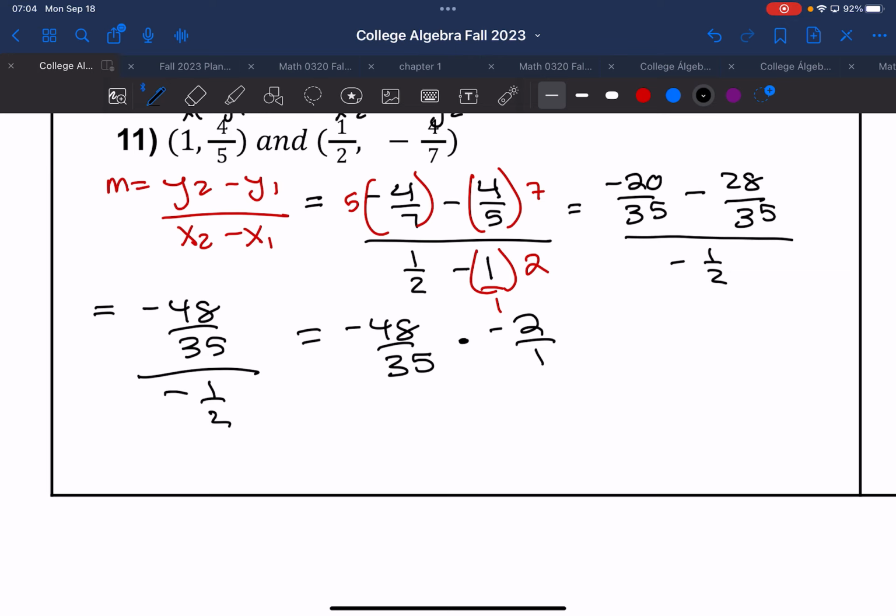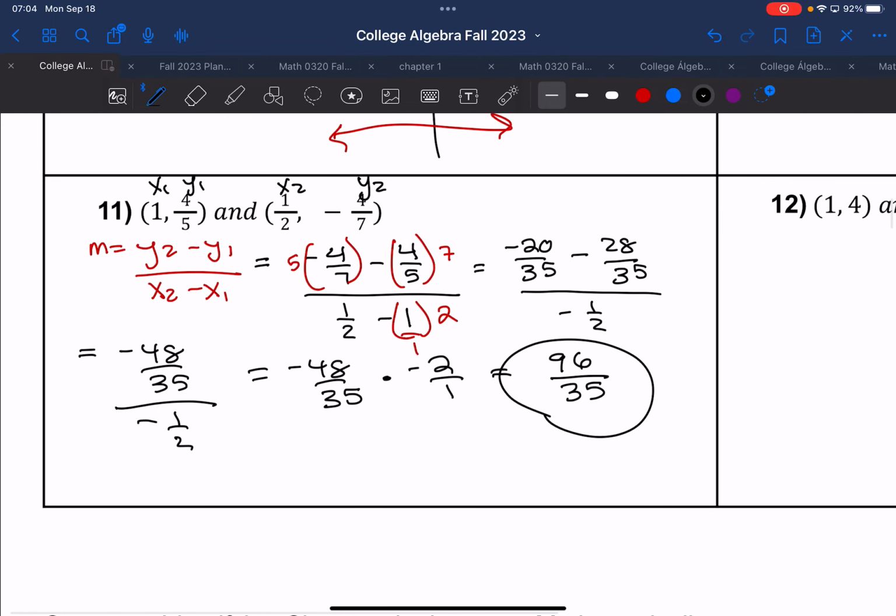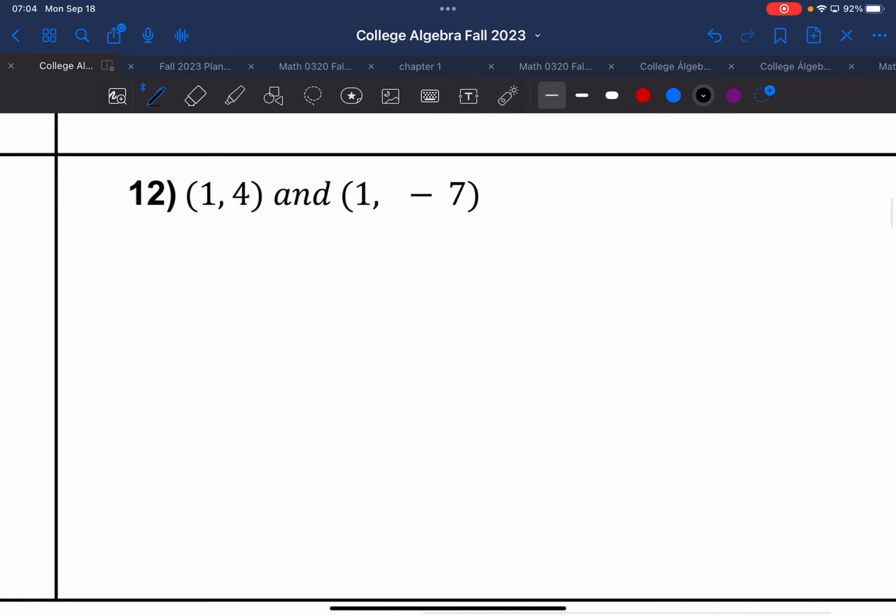We just flip that fraction. Now I can multiply across, and -48 times -2 is positive 96, and 35 times 1 is 35. So that's our slope, 96 over 35. Now take a moment and work on number 12.